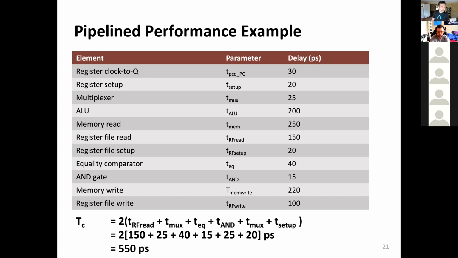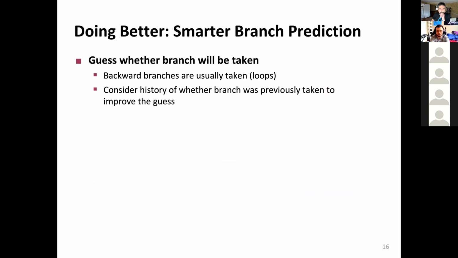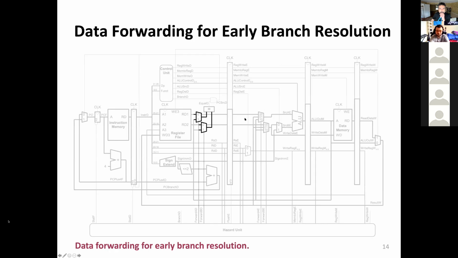Here it is pretty much the same, with small variations. You see some additional elements that are associated with new hardware elements that we have. For example, you see T equality. This is associated with the time of this little unit that we add here, right?